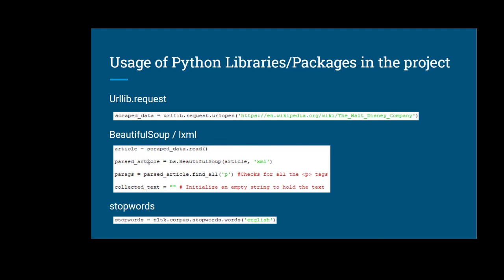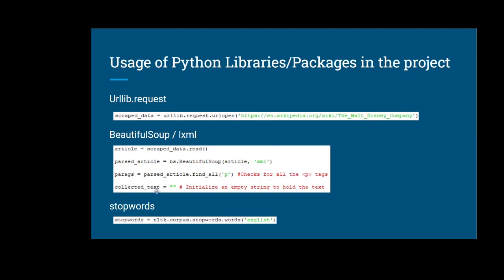After that, we parse the article through Beautiful Soup. By default, Beautiful Soup parses documents as HTML, so we also pass in a second argument, XML from the LXML module, to convert it to XML. Now that we have the XML, we use the find all function from Beautiful Soup to get all the p tags and get those values.